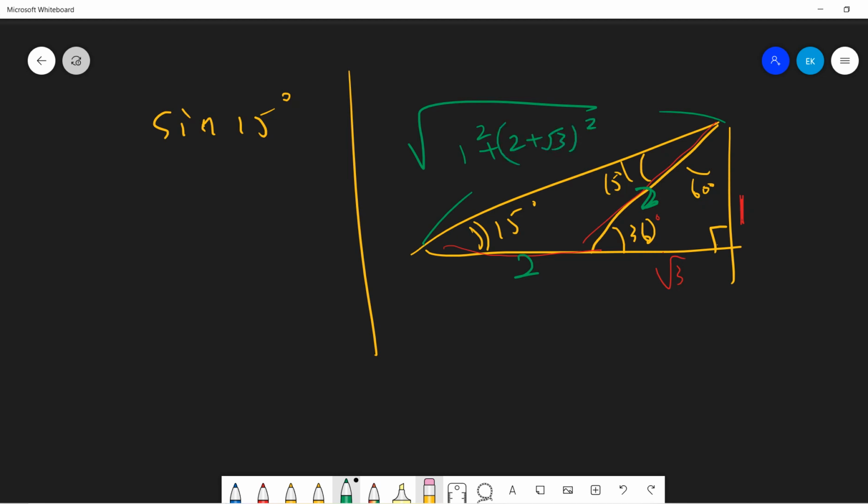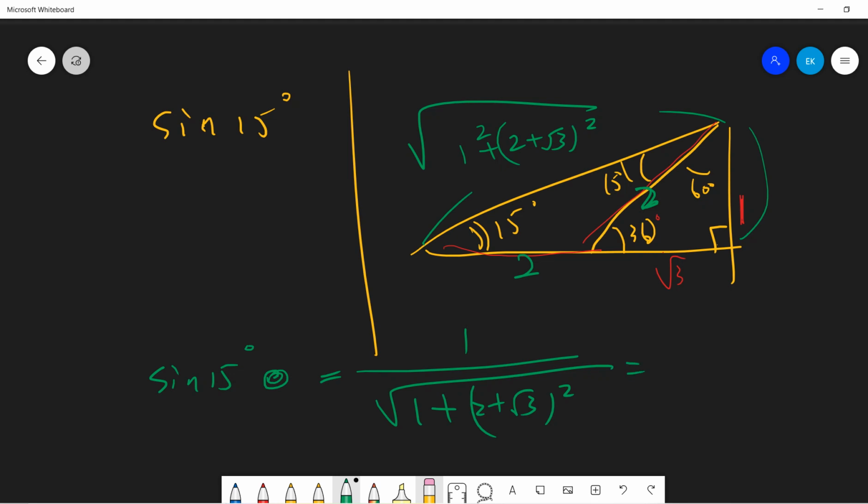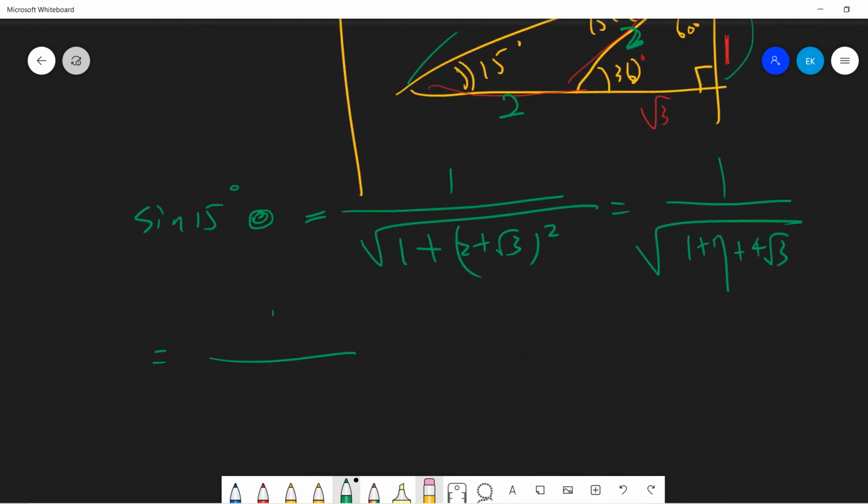So from here we know that sine 15 is basically 1 divided by the square root of 1 plus (2 plus square root of 3) squared, which is 1 plus 4 plus 3, which is 7, plus 4 square root of 3. So you get 1 over the square root of 8 plus 4 square root of 3.